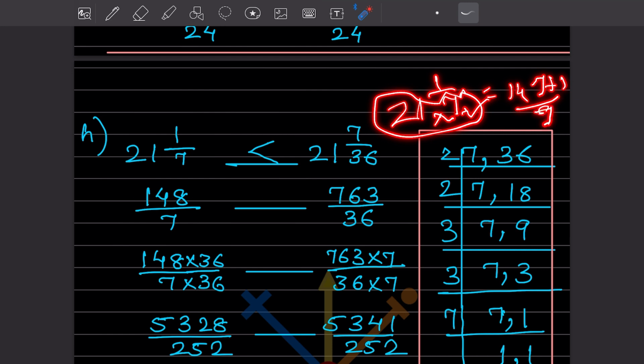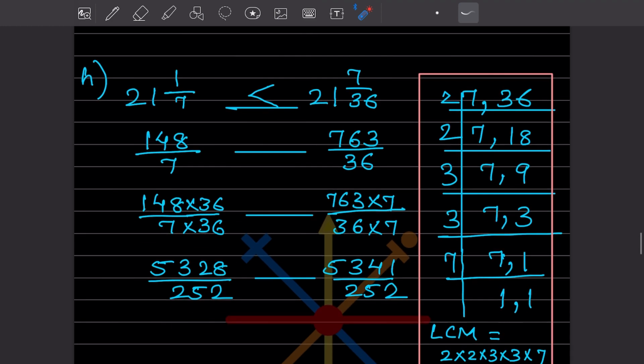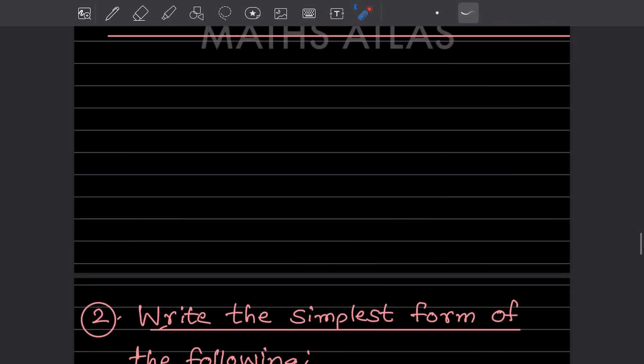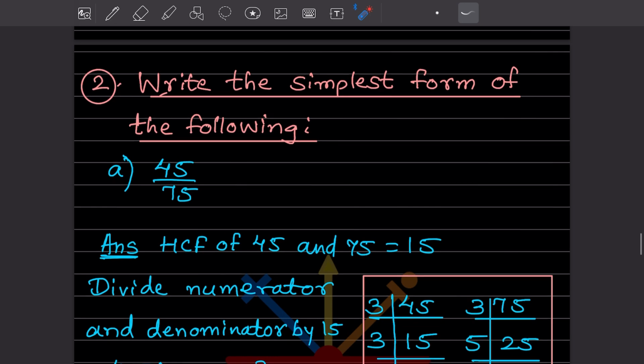So 148 divided by 7. Same for this one, you will multiply, whatever answer you get, this will be added, and the denominator stays as it is. Now you can either cross multiply or take the help of the LCM.